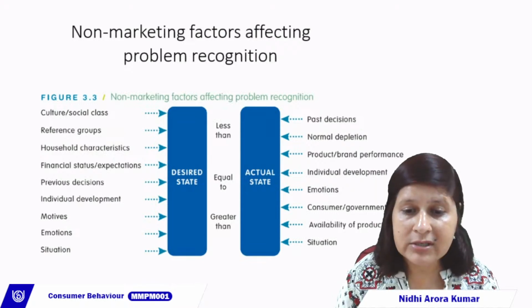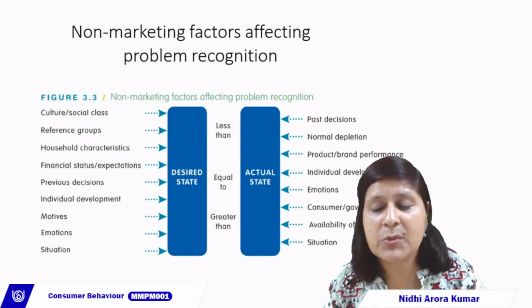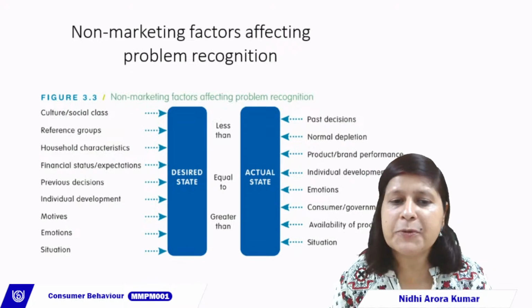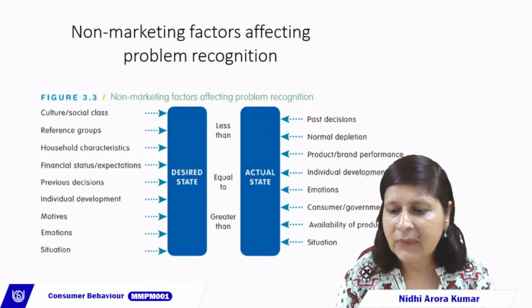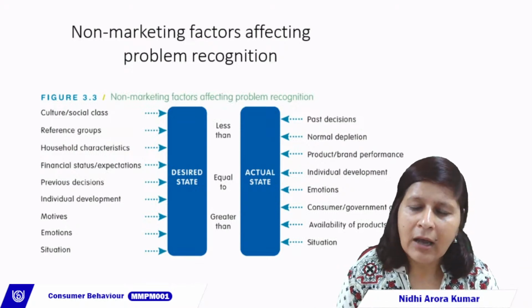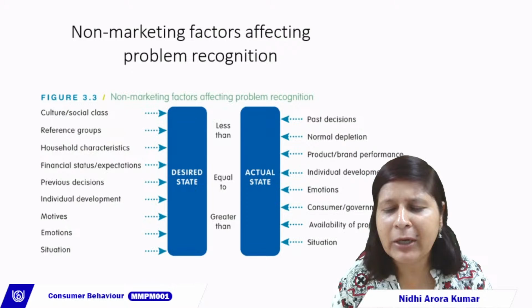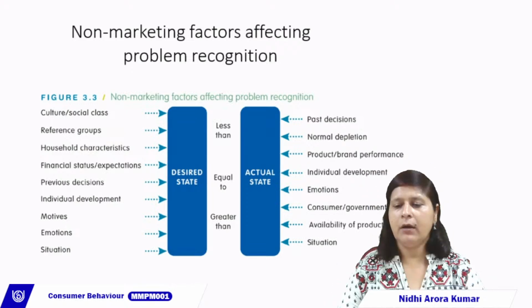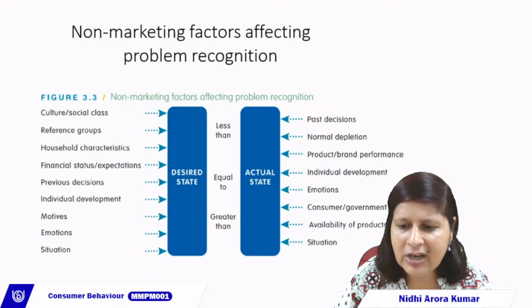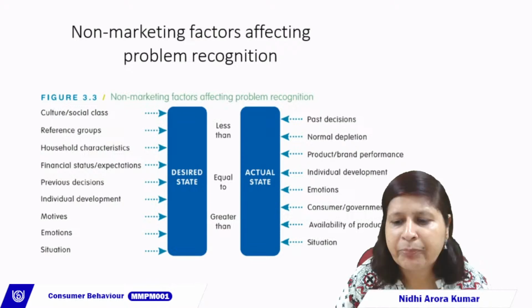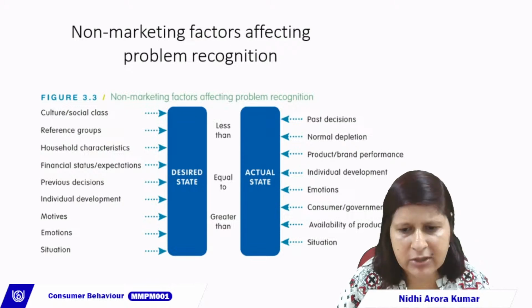Emotions impact the desired state as well as the actual state. Consumer or government groups impact the actual state. Availability of product also matters: we may want a particular product, but if it is not available, that impacts the actual state. And the situation impacts the desired as well as the actual state.